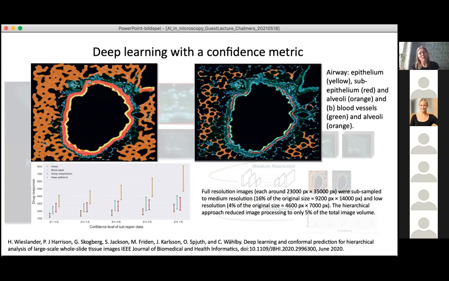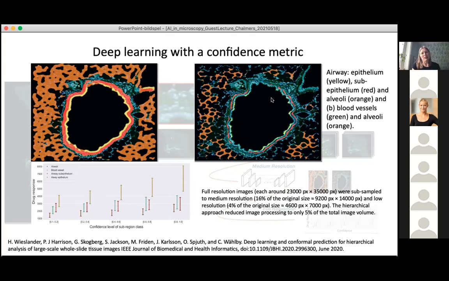And the thing that we really want to study is how much of the drug is located in each of these different regions. But in parts of the data, we might have made mistakes. You see here we have a bit of the yellow and the red class. And here we have a bit of the orange class really close to the airway, so that might be an error as well.